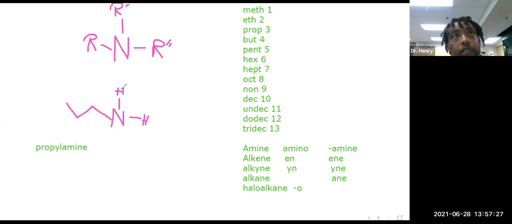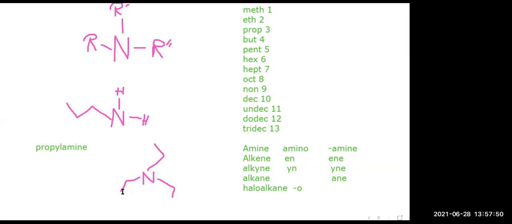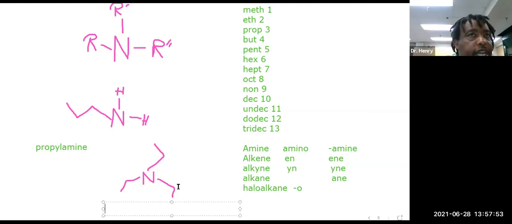If I have three hydrocarbons, what are 2 carbon chains called? Ethyl. So this guy has 3 ethyls. So what would I call this? If it has 3 ethyls, what is the Greek prefix for 3?